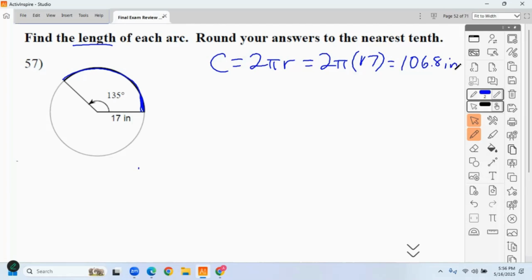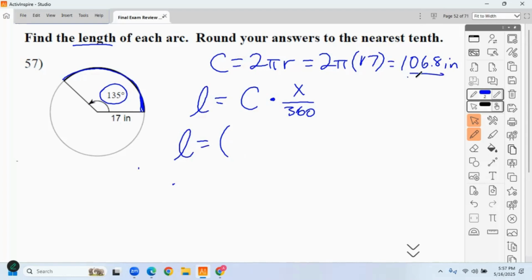So this is what we're looking at. When we're looking at the L, the length is the arc length, right? But we're going to take that circumference, which we really just found, right? And all we're going to do is multiply that by whatever the amount happens to be right here. This time is 135 over 360. So let's go ahead and do that. Circumference is right here. All right, bring it down.